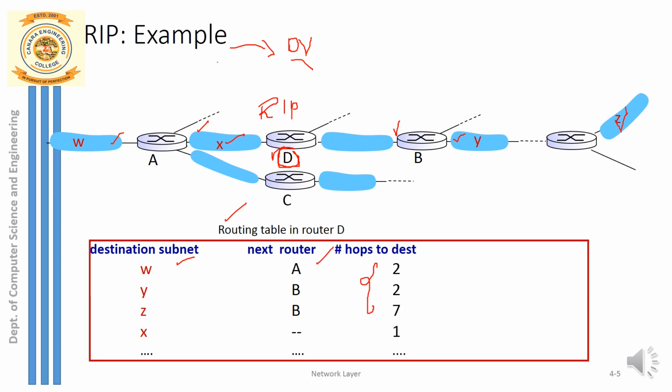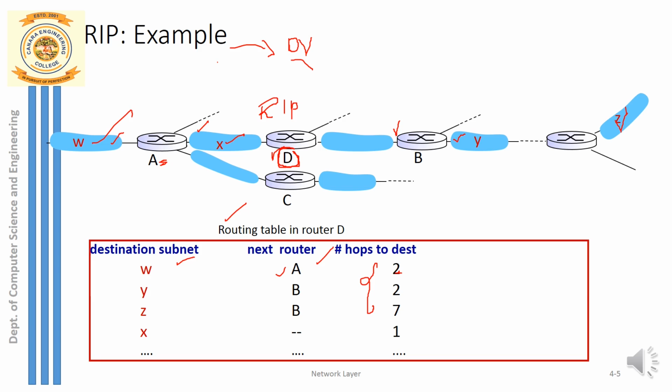You can see the first subnet is W. So from router D, how many hops to reach W? One hop to A, and then via A to W, the next hop. So total 2 hops, and the subnet W is reachable via router A. So the next router is A.